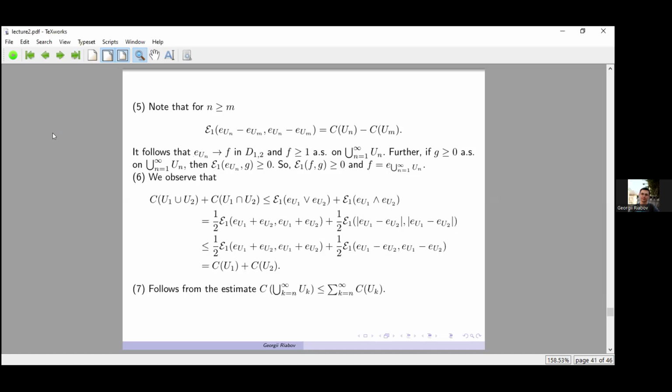The next property, property 6, let's check that the capacity of the union of two open sets plus the capacity of the intersection is less than or equal to the sum of the capacity of one set and the other set.